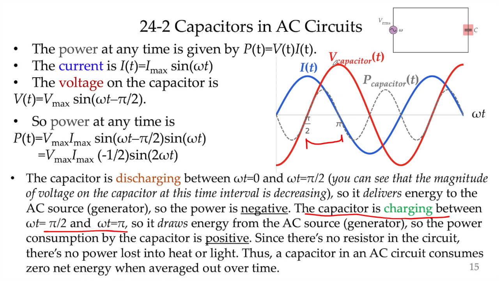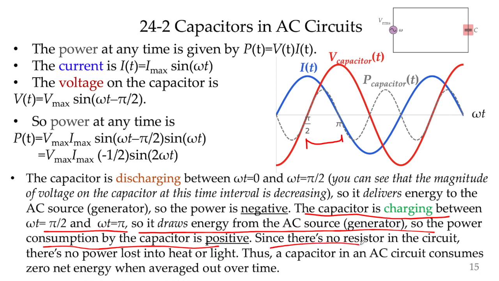That means the capacitor is charging. To be able to charge, it should draw energy. It should take energy from the circuit. So it draws energy from the AC source. So the power consumption by the capacitor is positive. If power is positive, that means the capacitor is using power. That's the definition. If the power is negative, that means the capacitor is actually giving power to the circuit.